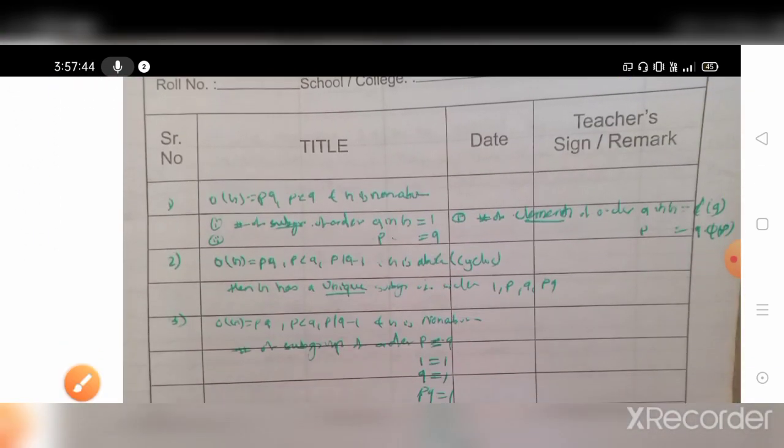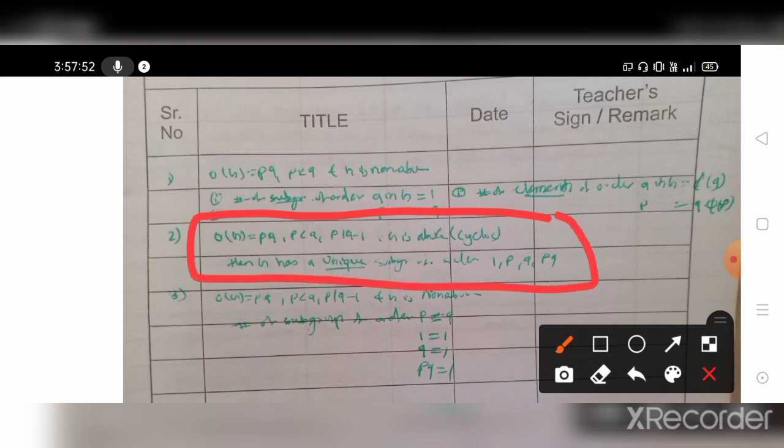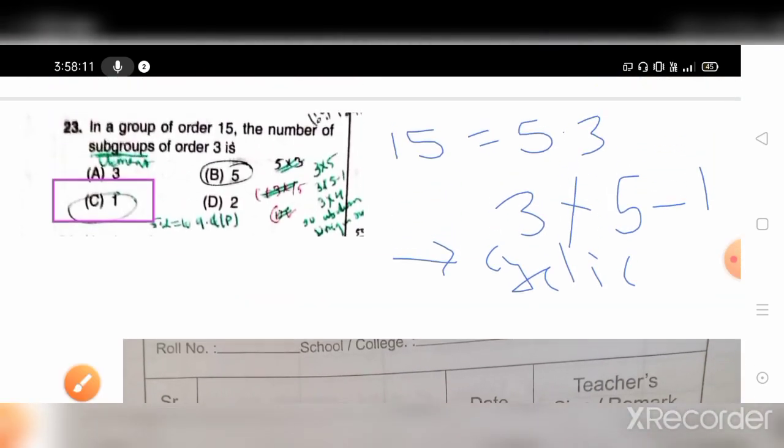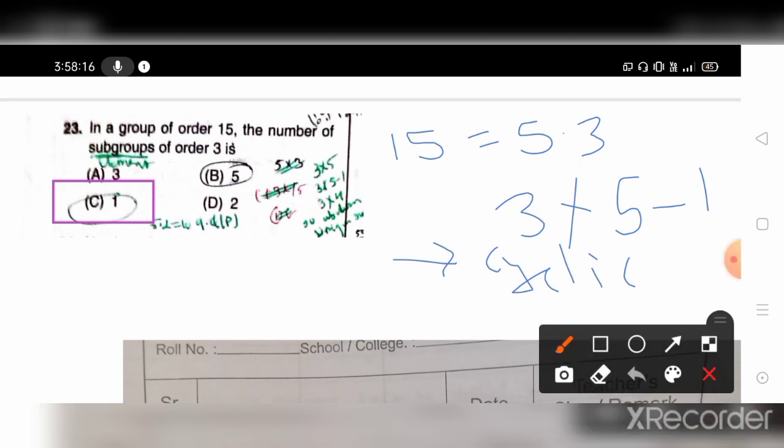Here is one note: if order of G is equal to pq, p is less than q, and p does not divide q minus 1, then G is cyclic. Then G has a unique subgroup of order p or q. This is an important formula. Here p is 3 and q is 5. Therefore there is only one unique subgroup, so answer C is correct.